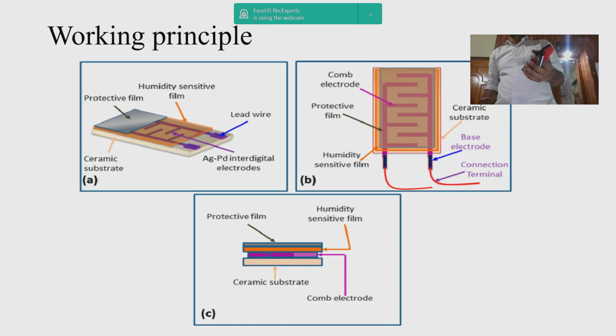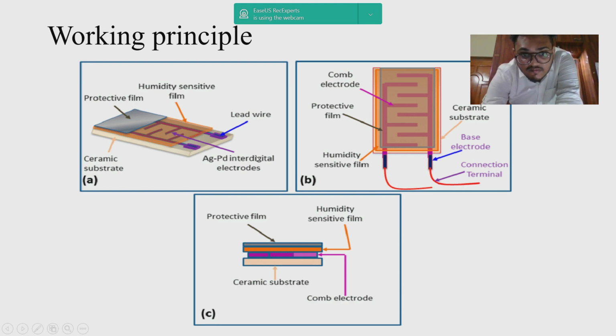Now let's see the working principle of the humidity sensor. In this image, the first picture explains that there are three layers: the first layer is the protective film, the second layer is the humidity sensitive film, and the third layer is the ceramic substrate.